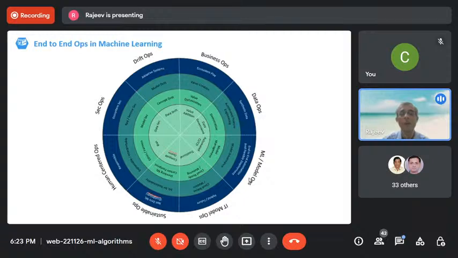Then human-centered operations, how do I deal with typical problems which even humans deal with, so things like bias. The data that I have collected has inherent bias. So if the data collected has inherent bias, obviously the learning algorithm will learn that bias. Simple examples could be gender bias.